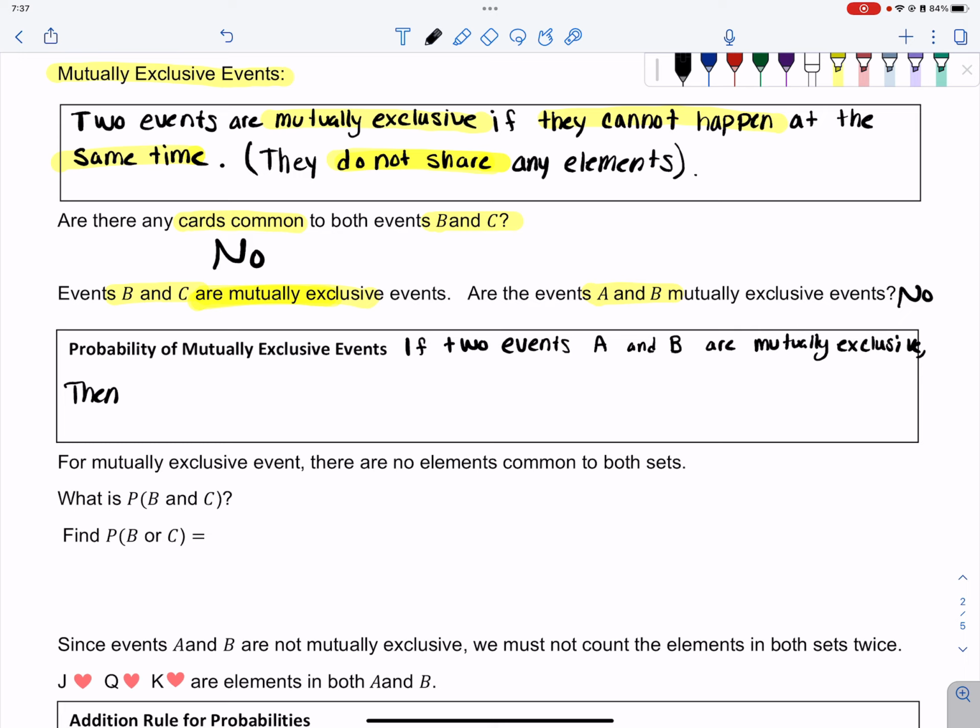Okay, so now we can start to work with our addition of probabilities here, and the first one that we're going to do is specifically for mutually exclusive events.